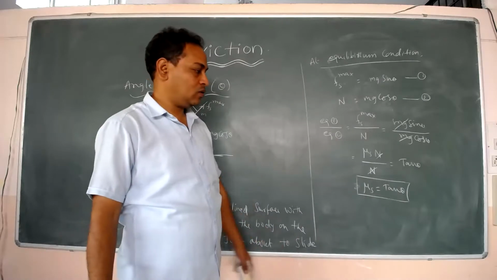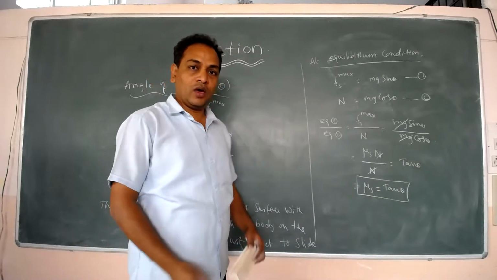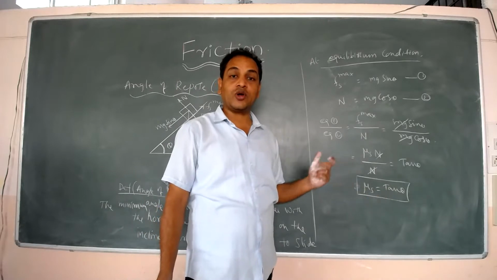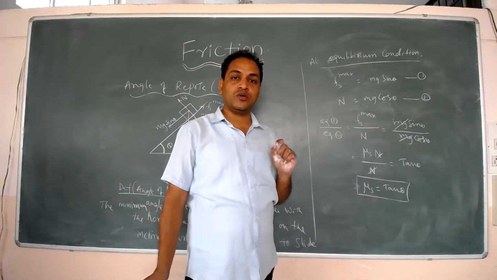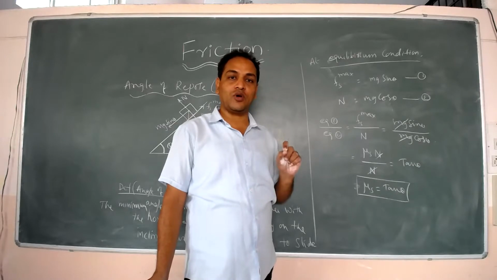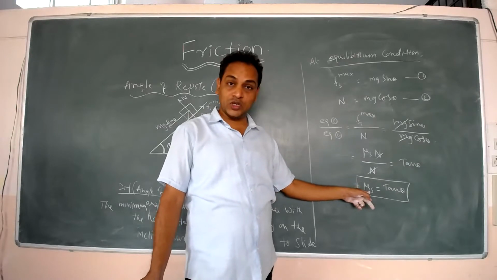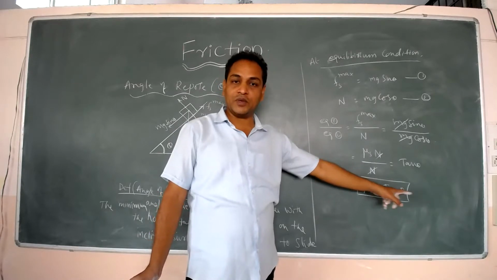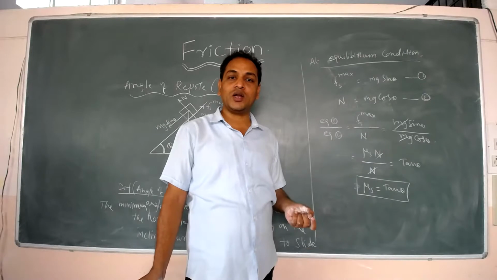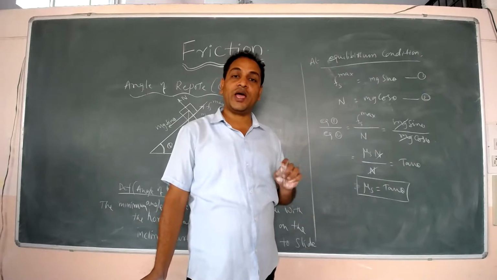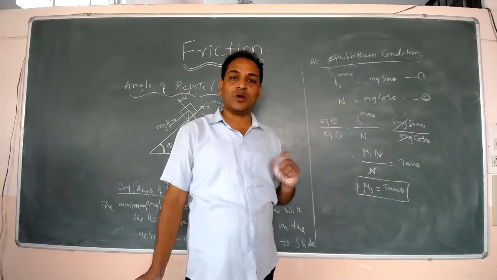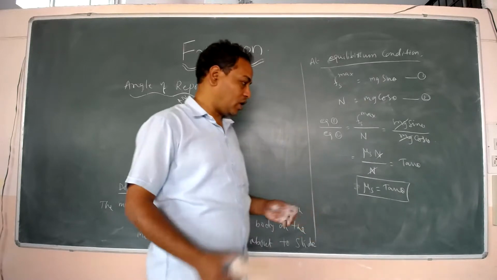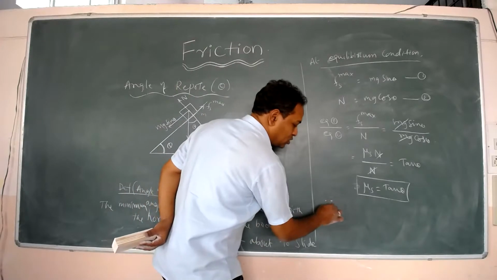So here, as we have seen previously, mu s is equal to tan of phi, where phi is the angle of friction. And in this case, mu s is equal to tan of angle of repose. That means from these two equations, it is quite clear that angle of repose and angle of friction are both equal.